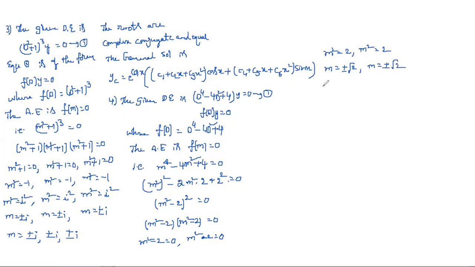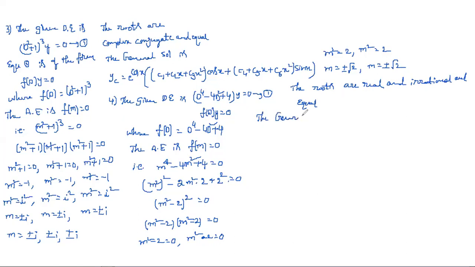So which roots are these? The roots are real and irrational, right? Without i, so irrational roots, and equal: plus or minus root 2, plus or minus root 2 only. So in that case, what about the complementary function or the general solution?